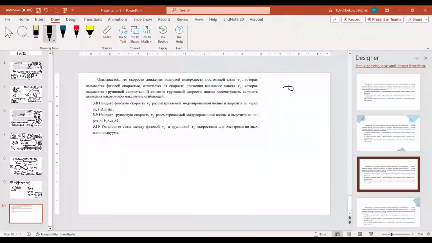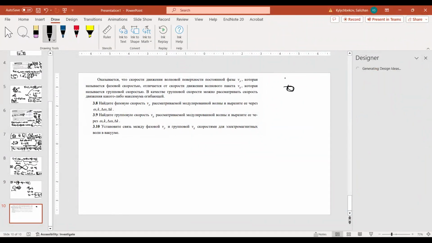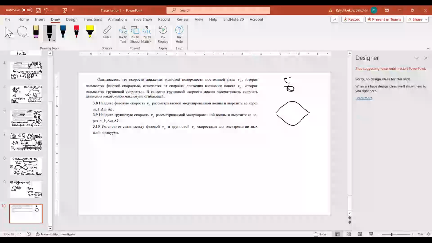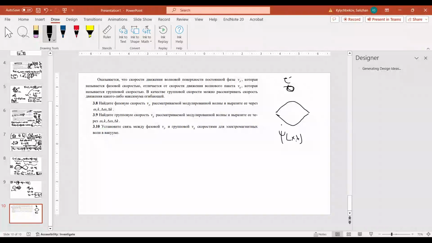Quantum mechanics-те particle, типа обычно ball, или атом, или электрон, whatever, is basically a wave packet, да? Wave function обозначаться етіледі psi x t. Оның group velocity v group is particle velocity, да, electron velocity, they are same.